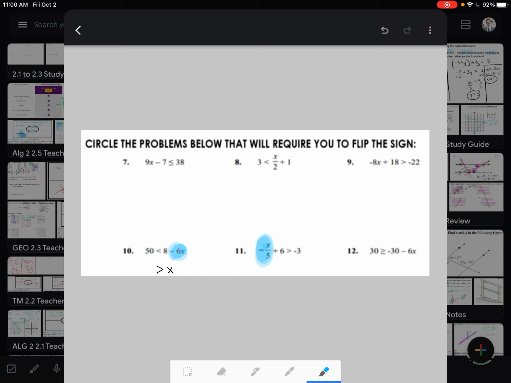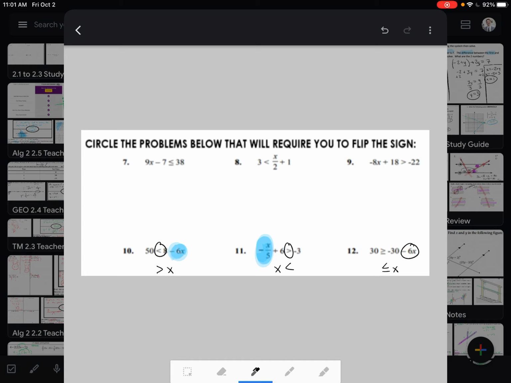So again, negative variable means that when we have our x here, we have to change this sign to its other way. Another negative variable, so x, we have to change the sign. Here, not a negative variable, so we don't change the sign. And again here, not a negative variable, so we don't change the sign.